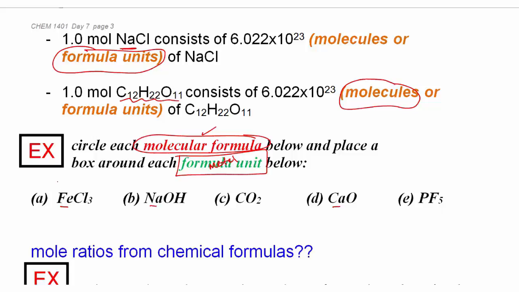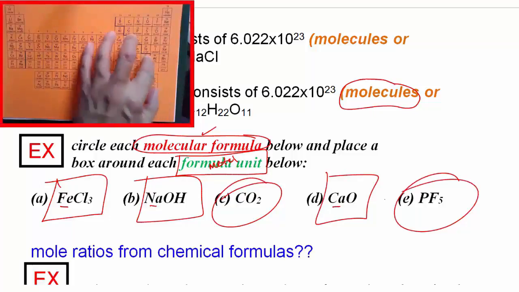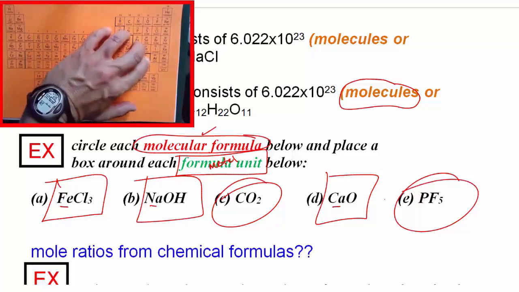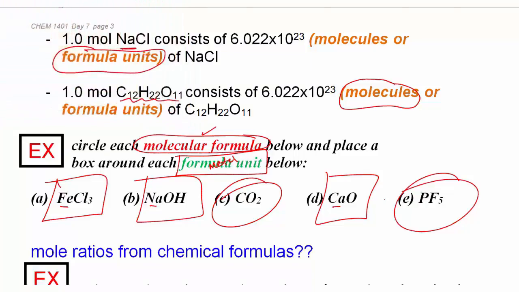So I'd be drawing boxes around those compounds, and circling the molecules. So remember, metals is pretty much everything here on the periodic table and over. Those are all your metals.